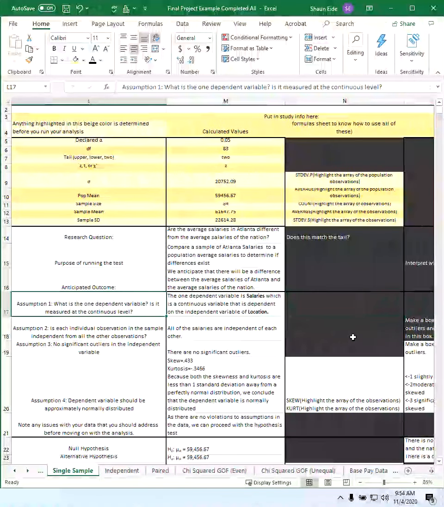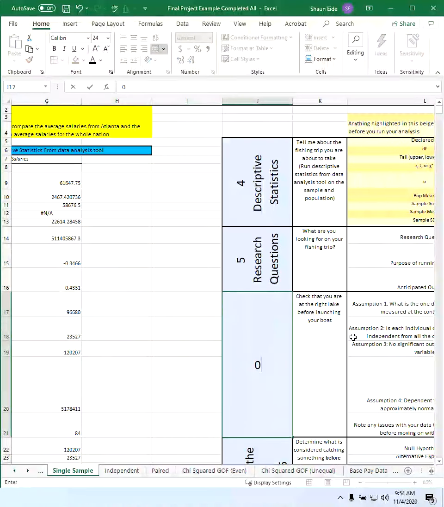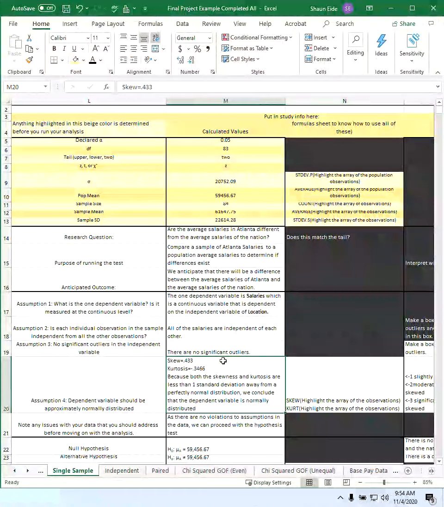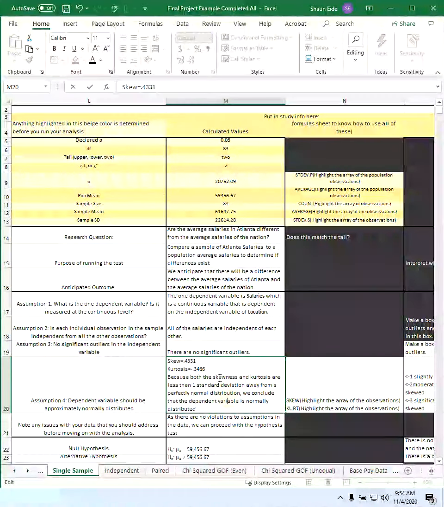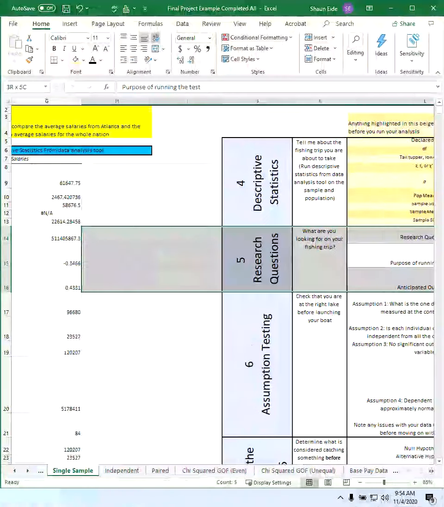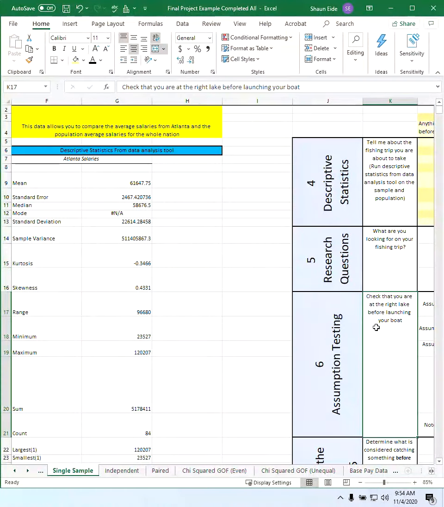So we got the skew of 0.4331, and then the kurtosis of negative 0.3466. Is that a repeating 6? I don't know. If it is, it rounds off at just 6.